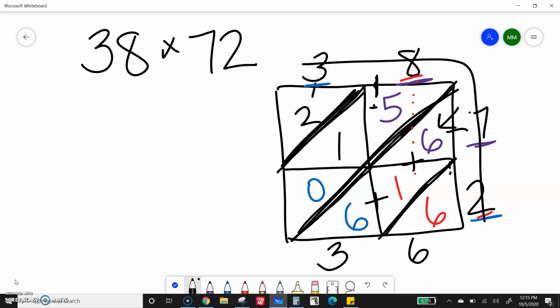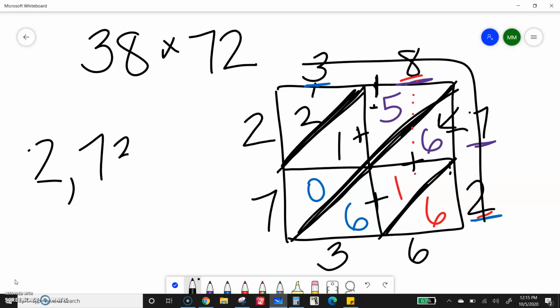Now I have 1 plus 5, plus another 1 is 7, and then just my 2 over here. Make sure you're writing carefully and being as neat as possible, otherwise it's easy to get the numbers a little bit mixed up. So I have 2,736 for that one.